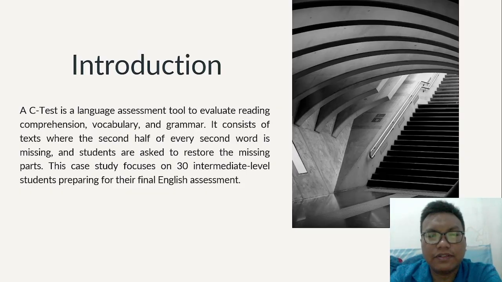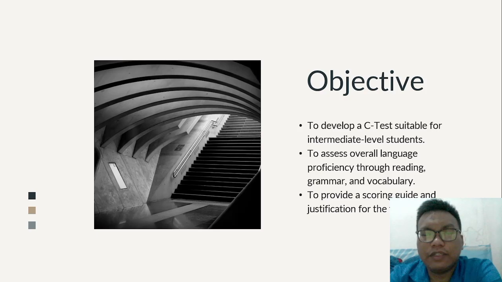This case study focused on 30 intermediate level students preparing for their final assessment. The objective is to develop C-tests suitable for intermediate level students to assess overall language proficiency through reading, grammar, and vocabulary. And third, to provide a scoring guide and justification for the test design.